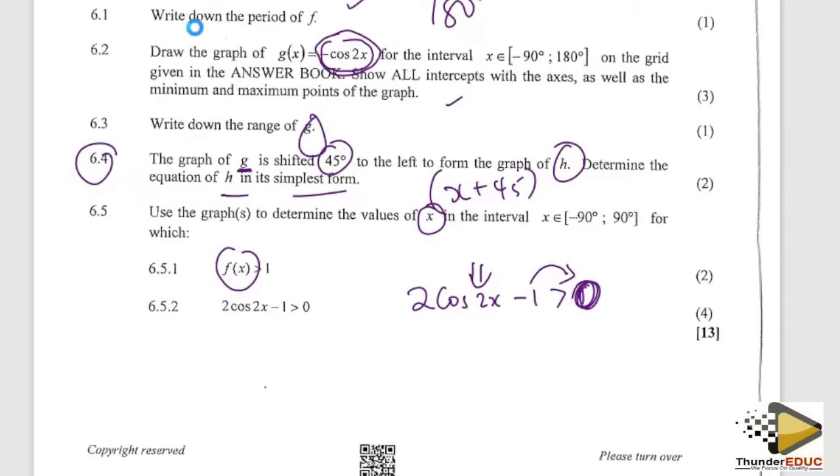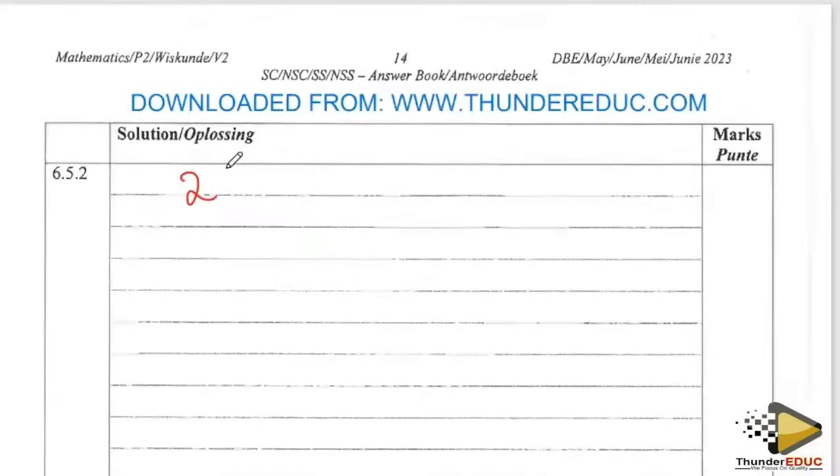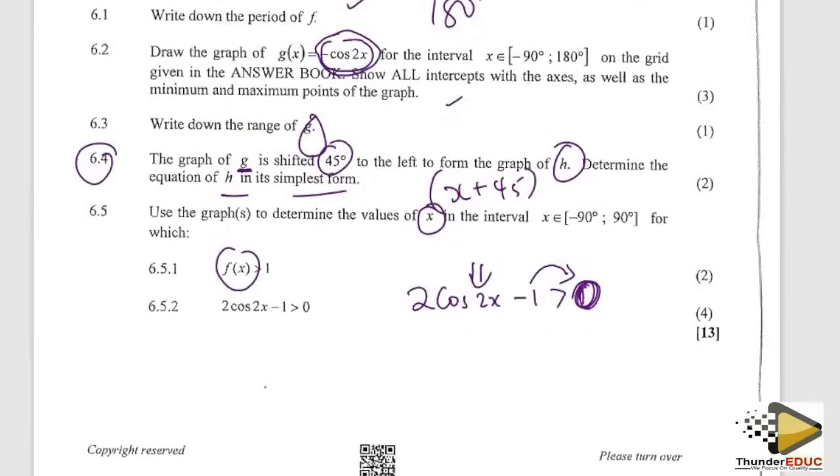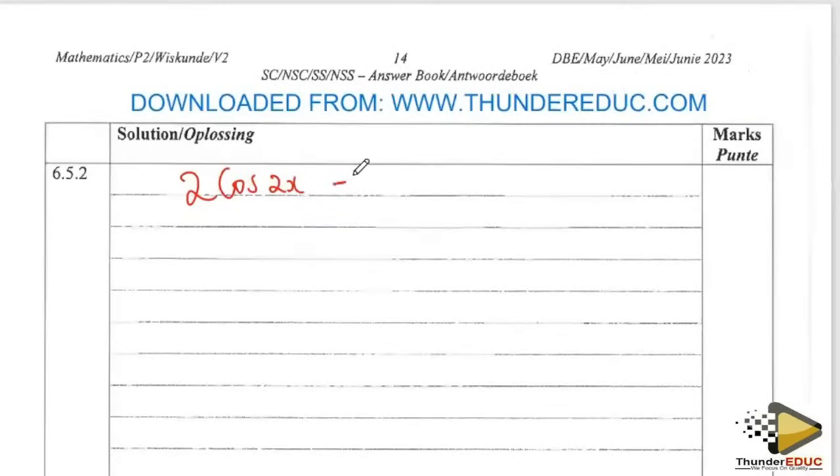So say 2 cos 2x minus 1 is greater than 0. Move the one that side, so that you have 2 cos 2x is greater than positive 1. Then I'll divide both sides by 2, so that cos 2x is greater than a half.